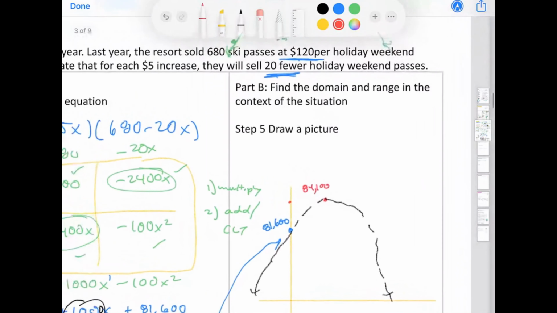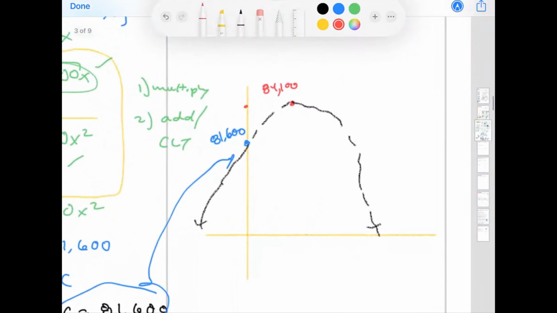Okay, let's take a look and find the domain and range, and that's the reason why I drew the graph a little bit prematurely. What values can I get for the X? Because we're talking about profit, you can only start here to here.